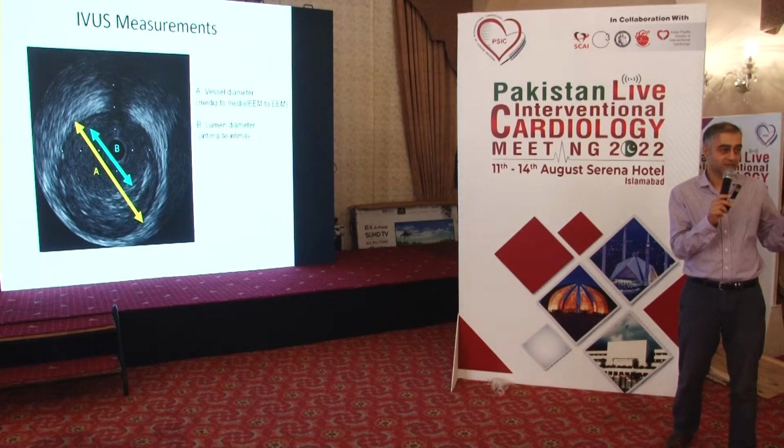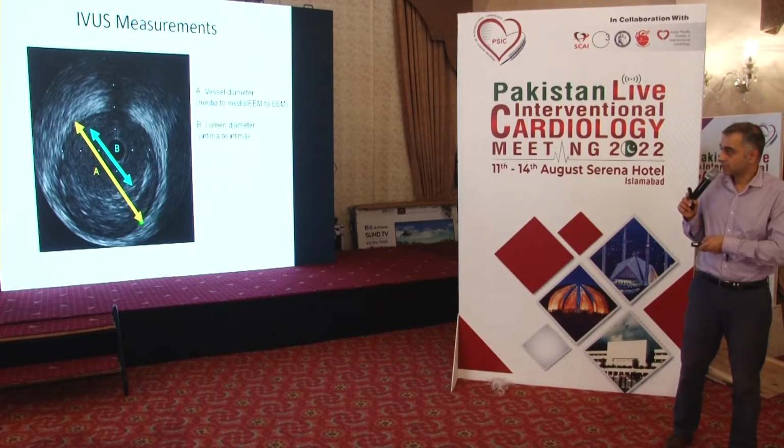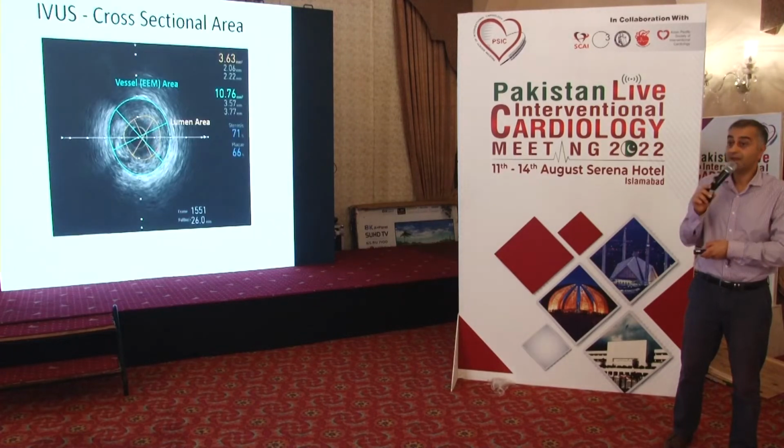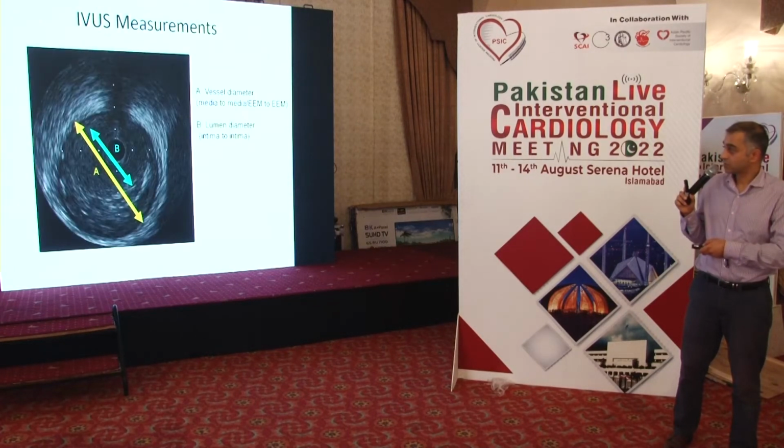So external elastic membrane, which is the outer portion of the media, to the external elastic membrane outer portion at the other end. Okay, and that's shown. I've tried to depict that here with this yellow arrow. So it's from EEM to EEM.